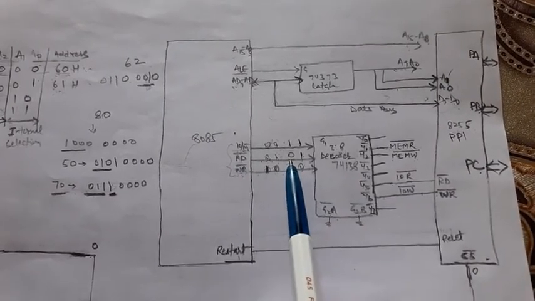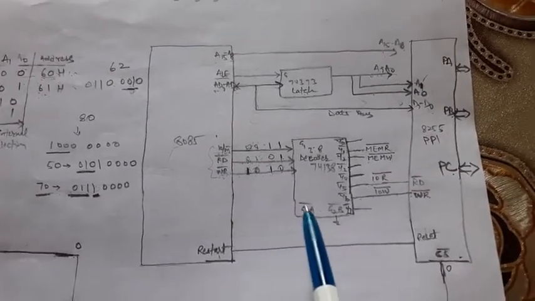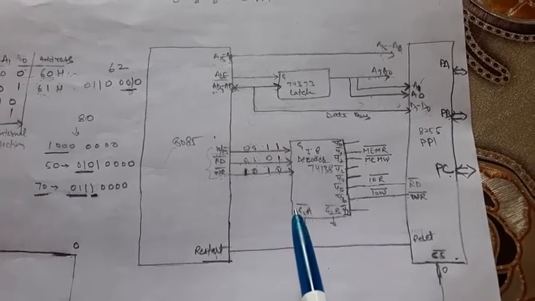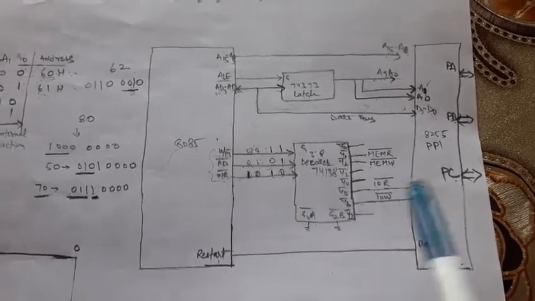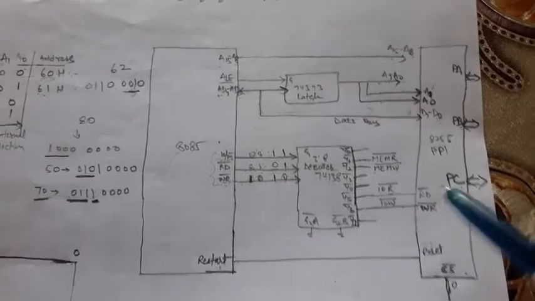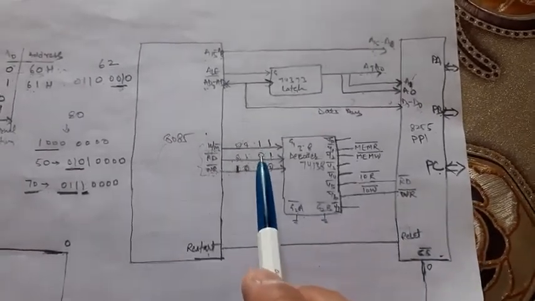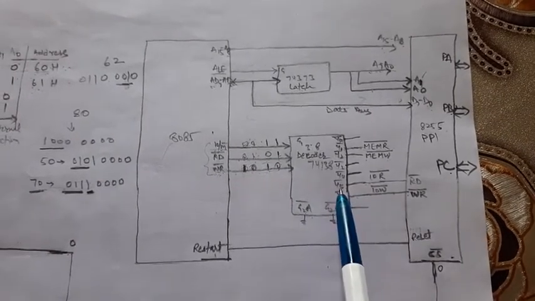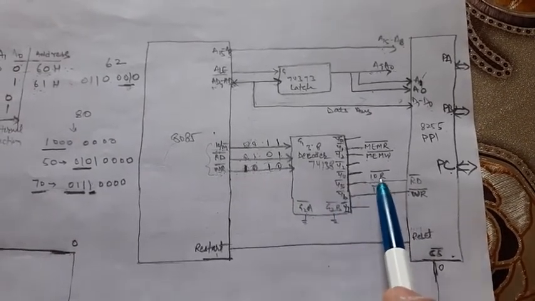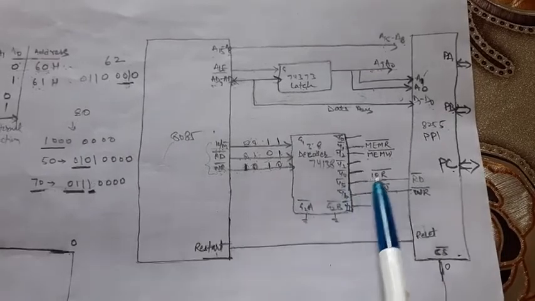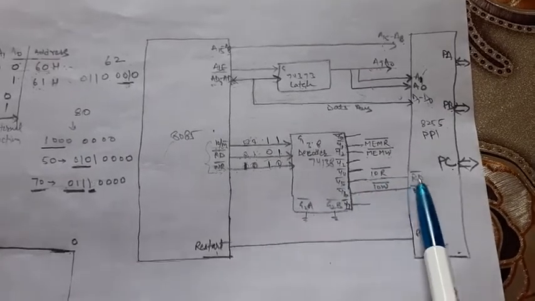I have discussed this in detail when we were doing the interfacing of 8259 with 8085, but here I am telling you the idea so that you can see the resemblance with the rest of the interfacing. So when 101, Y5 will be selected, and at Y5 we have connected IO read, which will be connected to the read bar of this chip.